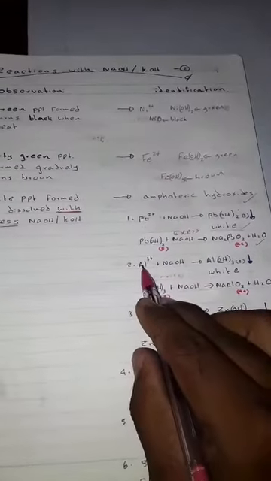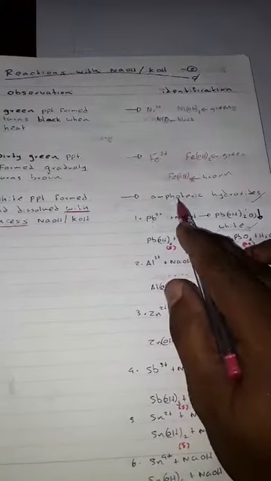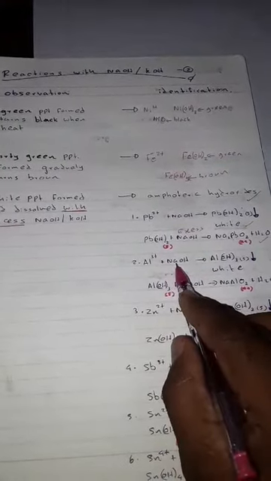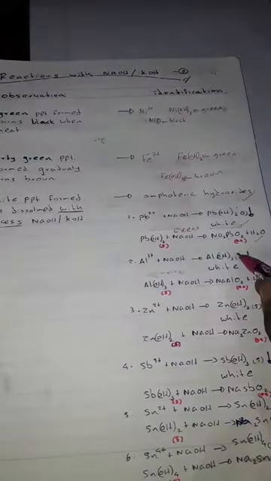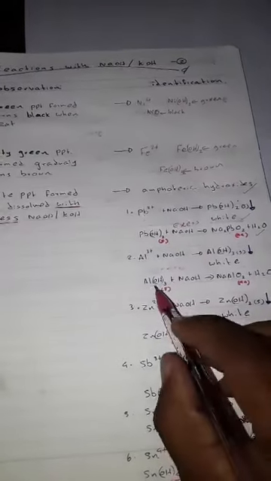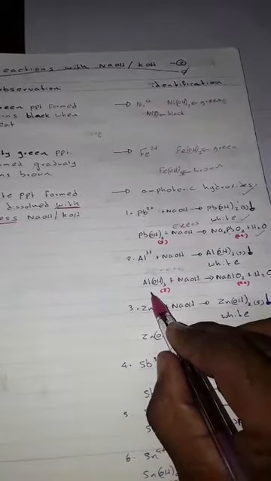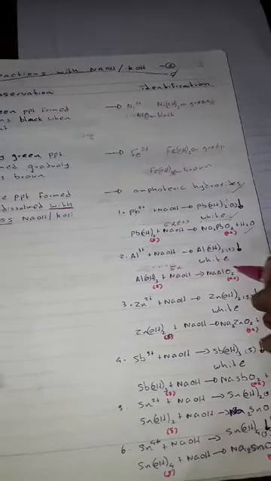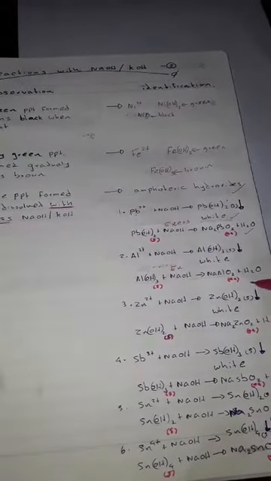And the aluminium ion, which is again an amphoteric hydroxide, also reacts with sodium hydroxide and makes a white precipitate of aluminium hydroxide. The aluminium hydroxide white precipitate reacts with excess sodium hydroxide and dissolves like this.